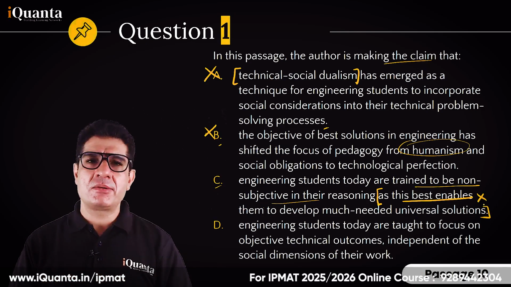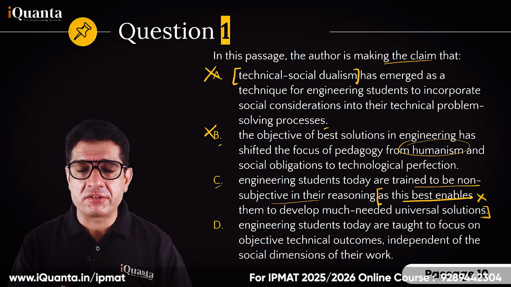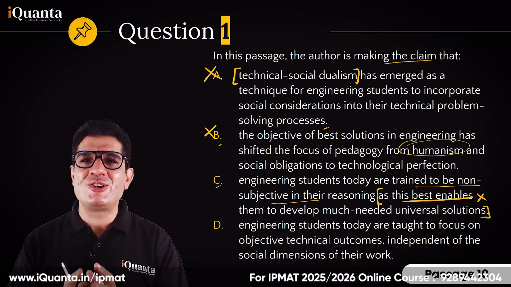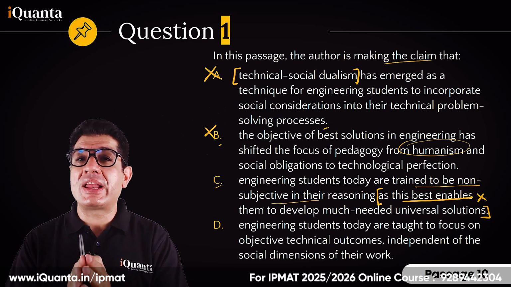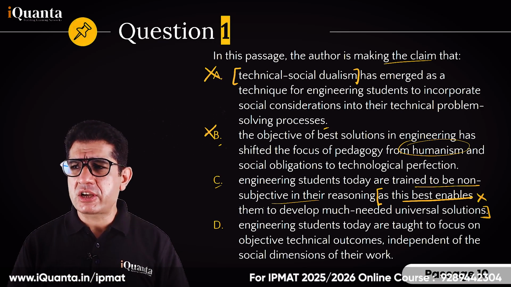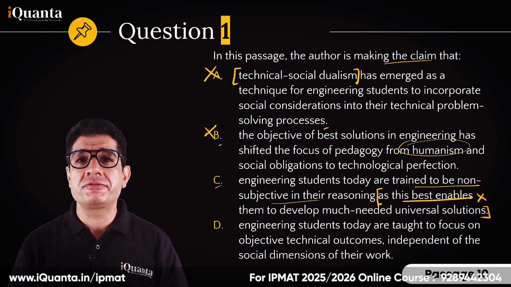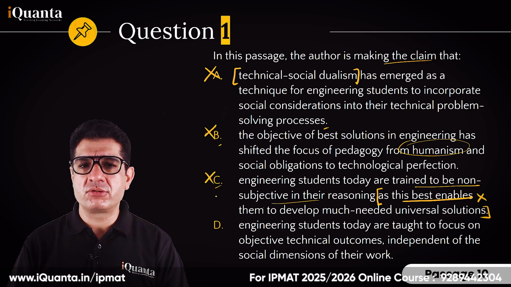The main claim of the author is that because they are trained to be non-subjective, that is objective, they are creating solutions which are not in sync with the public welfare. They are creating solutions which are contributing to the economic growth of the privileged. So it's the second half which is wrong. So let's rule out C.